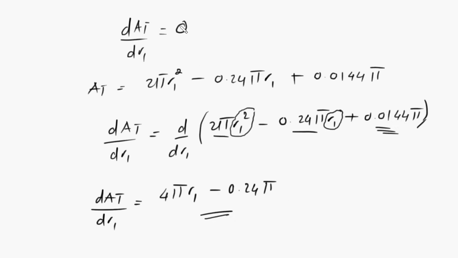This derivative should be equal to 0 so that I can determine the radius for which I will obtain the minimum or maximum area. So my 4 pi r1 minus 0.24 pi should be equal to 0. This just means 4 pi r1 is equal to 0.24 pi.